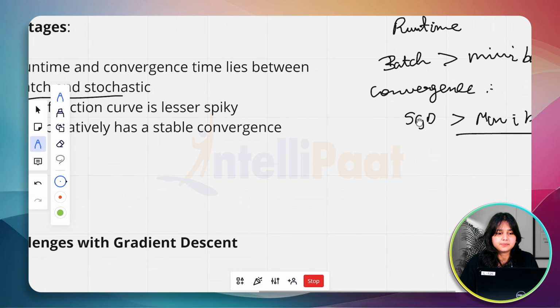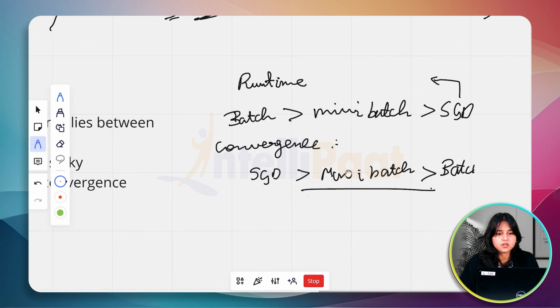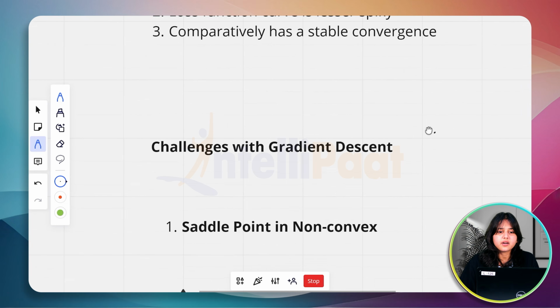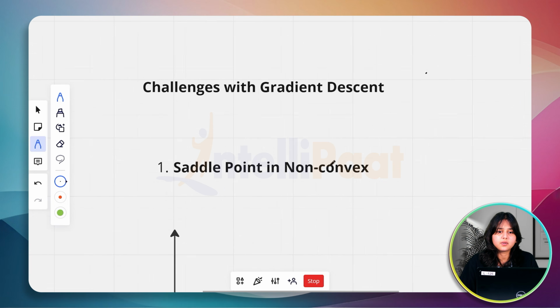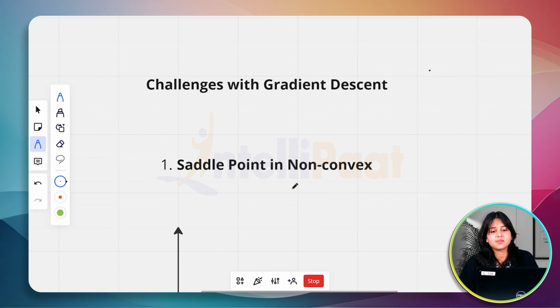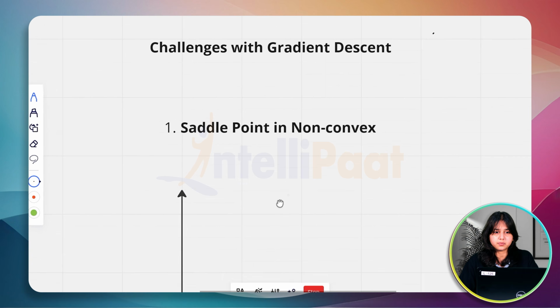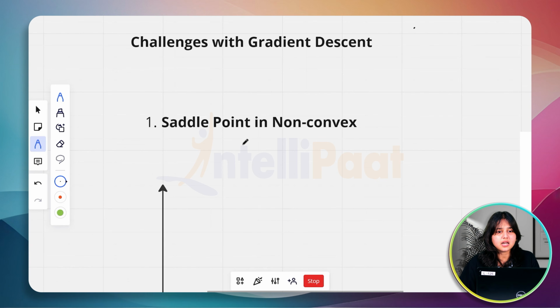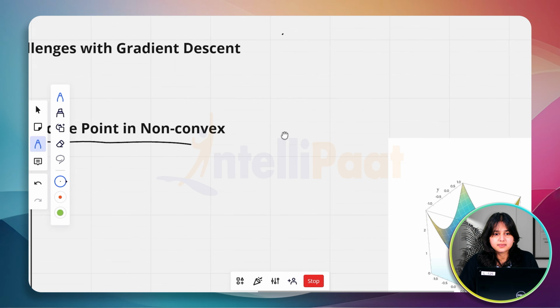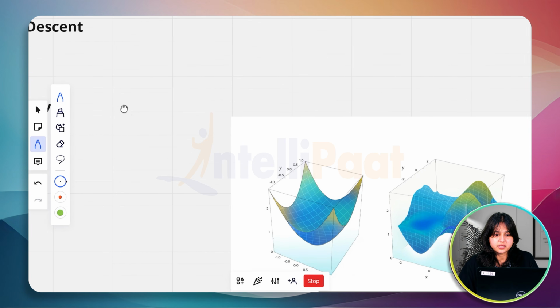You can see here. Now, since we already have 3 gradient descents and we have a lot of other optimizers as well, let's understand why we needed the other optimizers in the first place. There are some challenges with gradient descent. The first one is saddle point in non-convex. First, to understand saddle point, let's understand non-convex. Convex and non-convex, right?